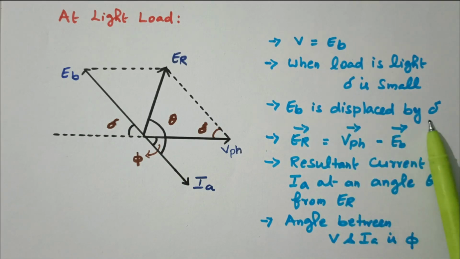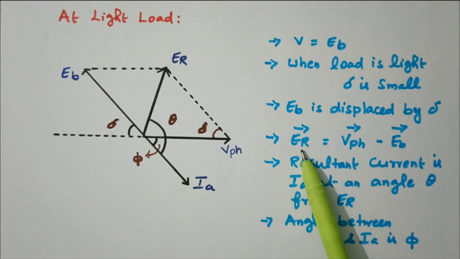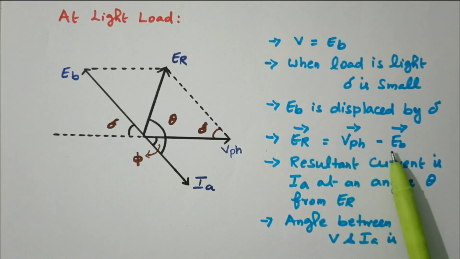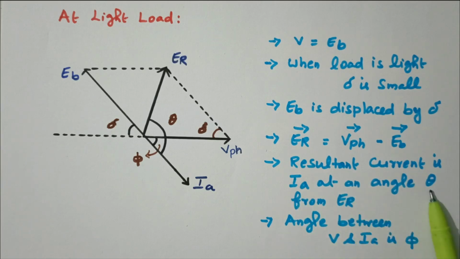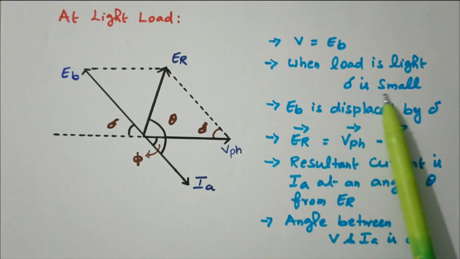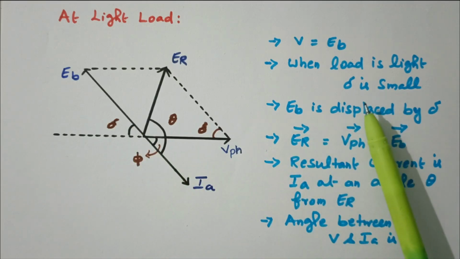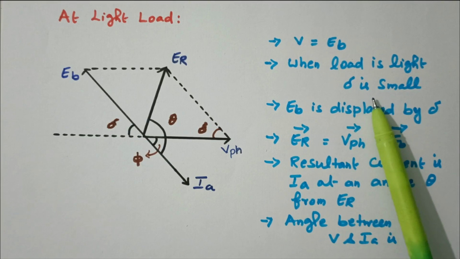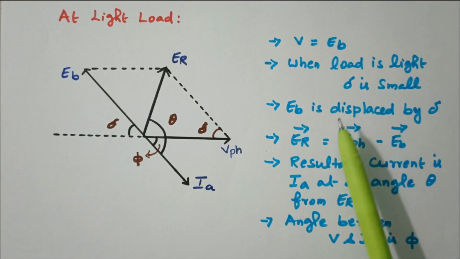Eb is displaced by delta. The resultant voltage ER equals V phase minus Eb. The current Ia is at an angle of theta from ER. The angle between V and Ia is phi. So in the light load, this angle delta is small. In case of heavy load, we will see next that it will be more, but here it is small.